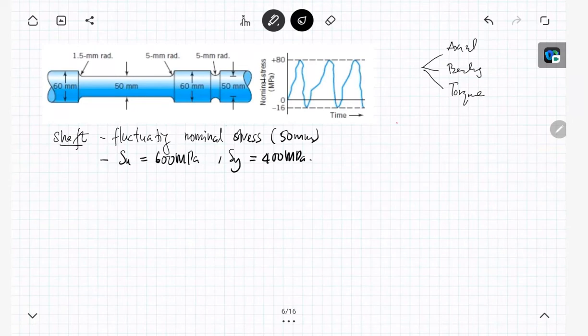For the first question, if this nominal stress is bending.